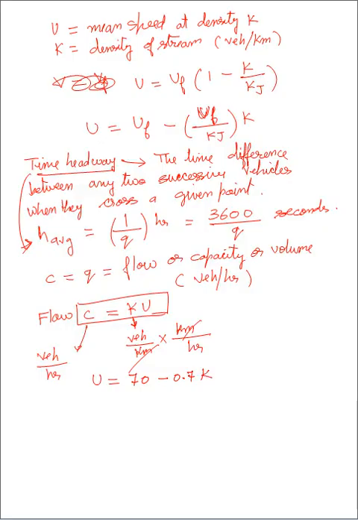Now substitute it in the same equation. So C is equal to K into 70 minus 0.7 K. Open the bracket, it will be 70K minus 0.7 K square.